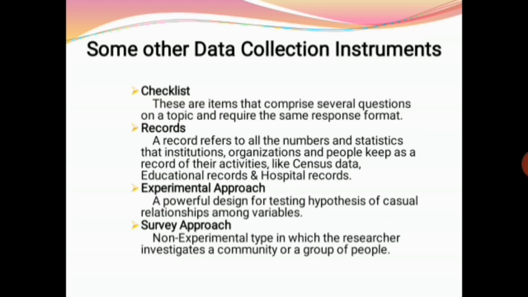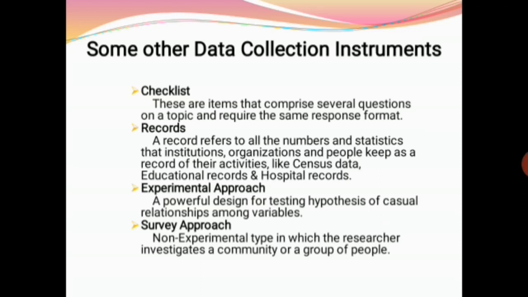Checklists are items that comprise several questions on a topic and require the same response format from the respondents. The next one is records. Records are one of the major tools for collecting information from people.